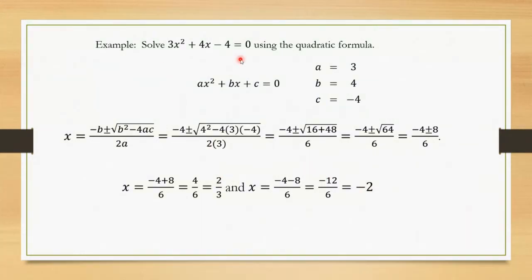If you would have factored this, which you could have, you would have to use the AC method. But you can see here with the quadratic formula, you don't have to, which is nice. All right. Do you have any questions about this one?